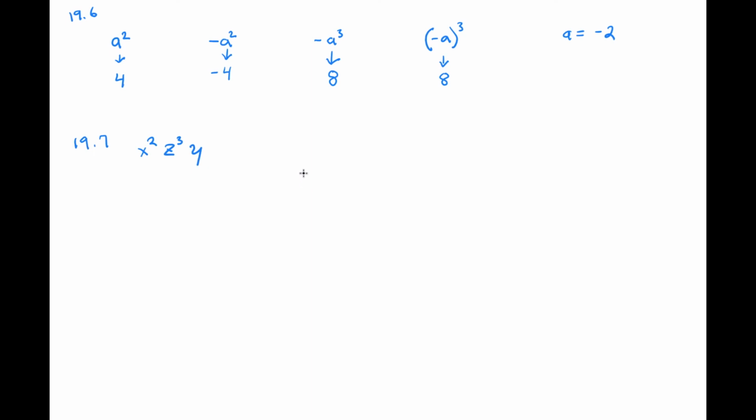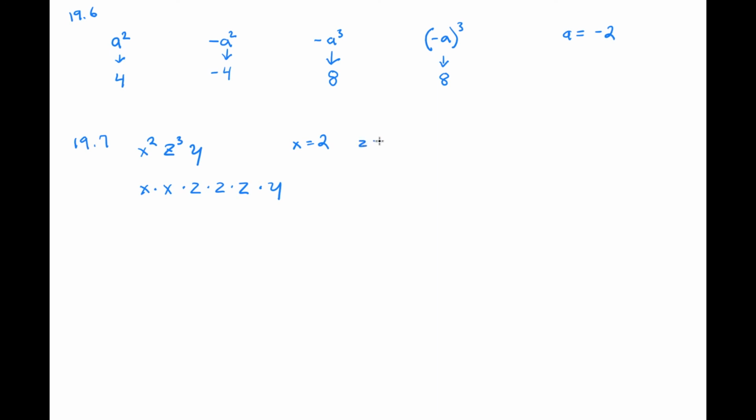So we know, based on these exponents, that this is saying x times x times z times z times z times y, correct?